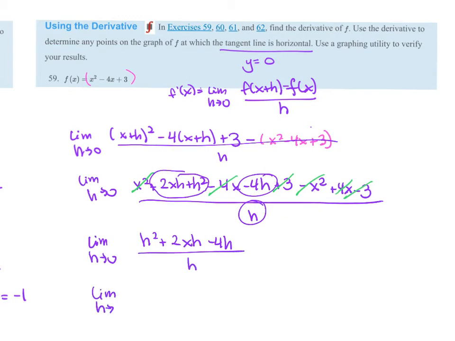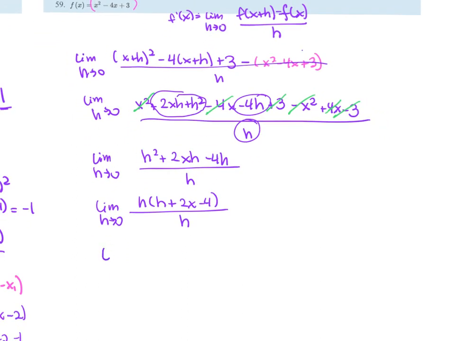Now let's factor out an h. So h times h plus 2x minus 4 all over h. So then we have the limit as h approaches 0, cancel the h's. We have h plus 2x minus 4. And if we plug in h is 0, we get 2x minus 4, the slope at any point on this equation. So f prime of x is 2x minus 4.